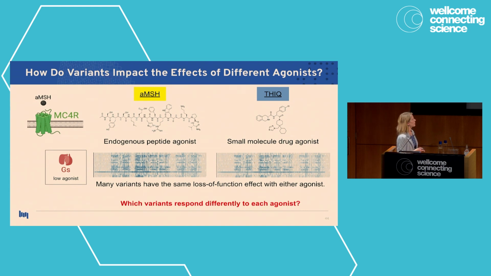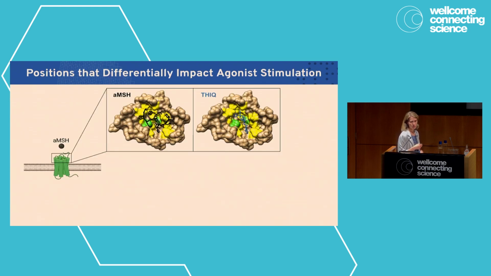But what are the differences? Which variants actually respond differently to each agonist, and what can they tell us about how the protein is interacting with the drug? And so to orient you to what I'll show you, the plots here are structures looking down into the barrel of MC4R, showing where the agonist actually binds to activate signaling.